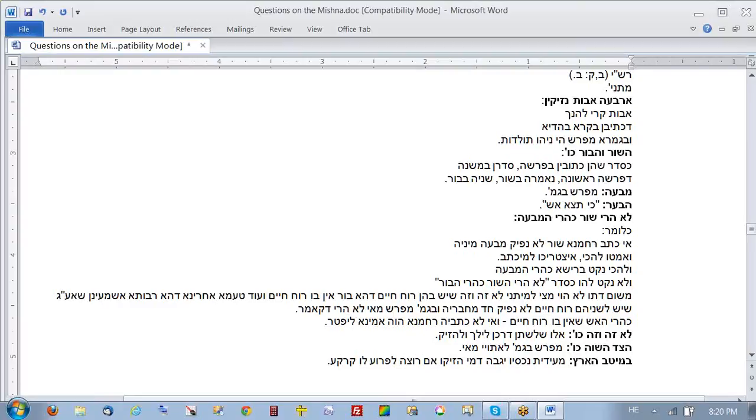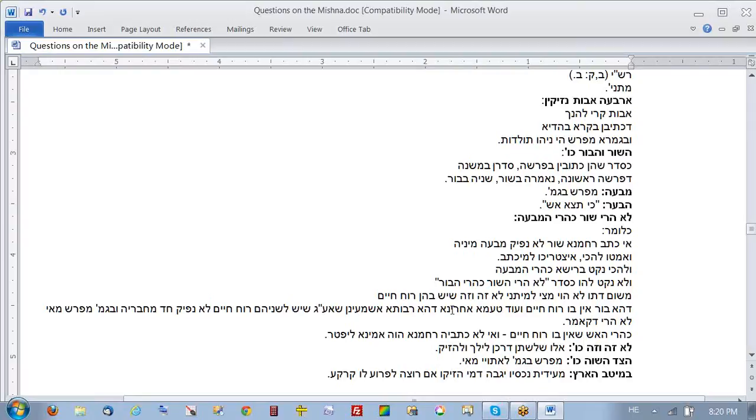Maybe ultimately stylistically, but it would have been more difficult to establish the chumras if we had gone straight from shor to Lo Hari Shor Kahari Bor. I think that's what he's saying here.